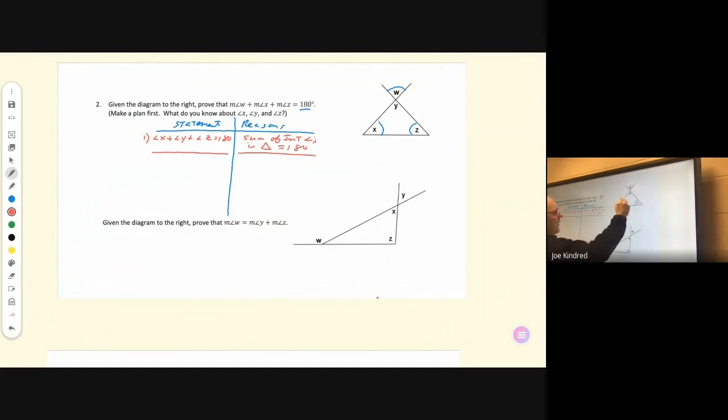I know that X plus Y plus Z equals 180. Statement number 2, I know that angle W and angle Y are equal. Angle W is equal to angle Y, and the reason, because vertical angles are equal.